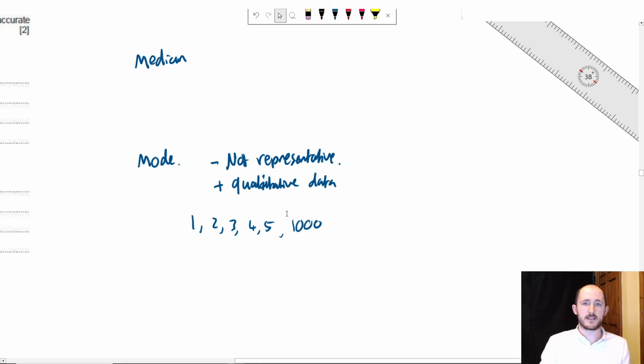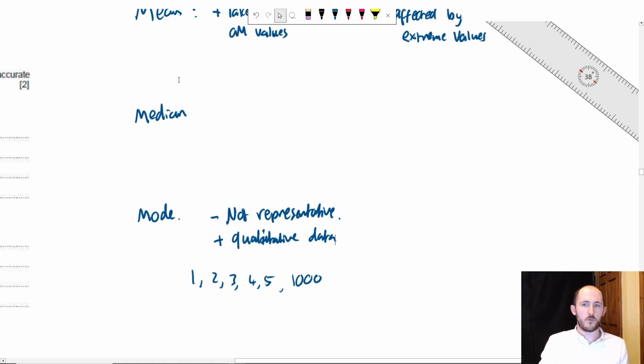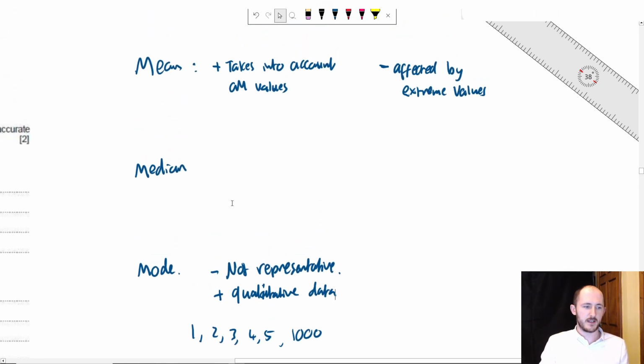But anything that's qualitative, like what's the average eye colour in the UK? It might be useful to know. Like, what's the most common colour car? That's really useful for people like Honda who want to produce cars. So you would use the mode because you can't work out the mean or the median for those.